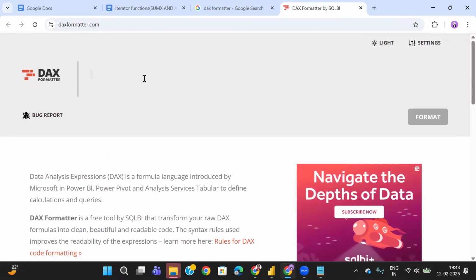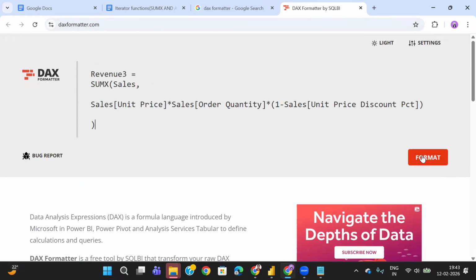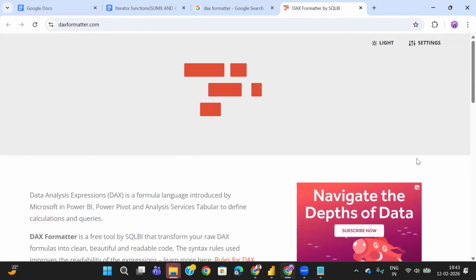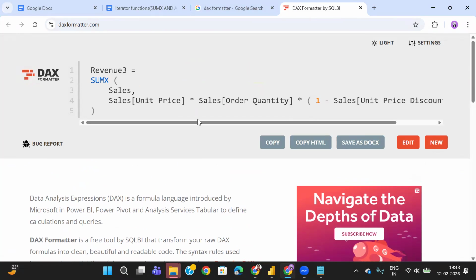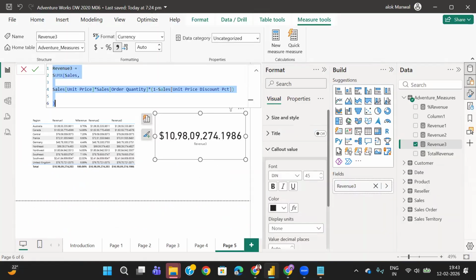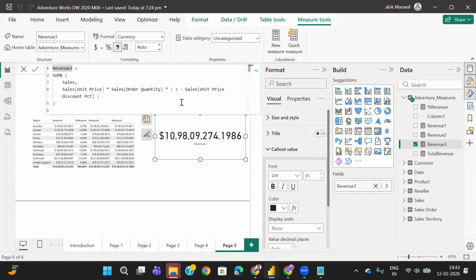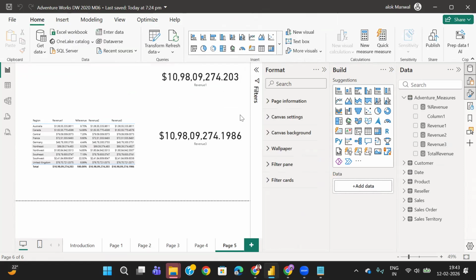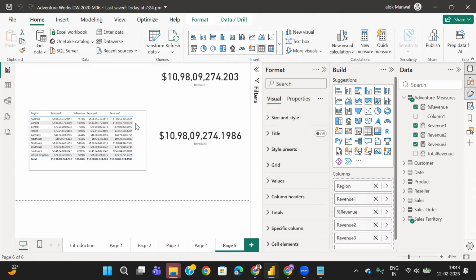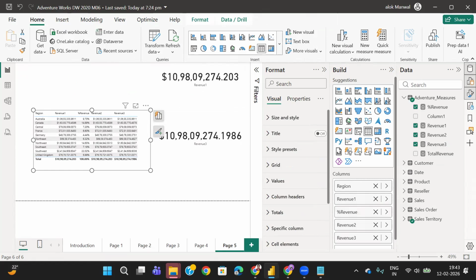I'm putting it here, and here is the beautiful version of it. I'm just keeping it here. Now it's readable. Everyone can understand. So that's how our SUMX works.